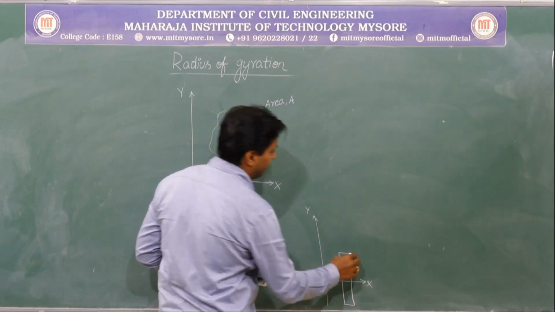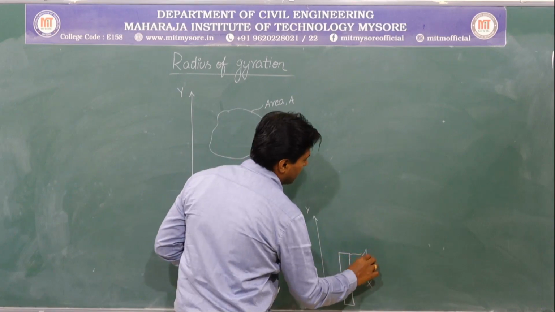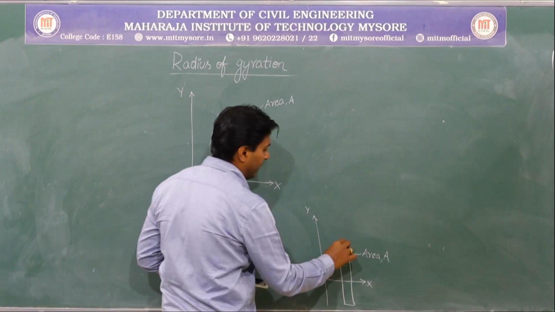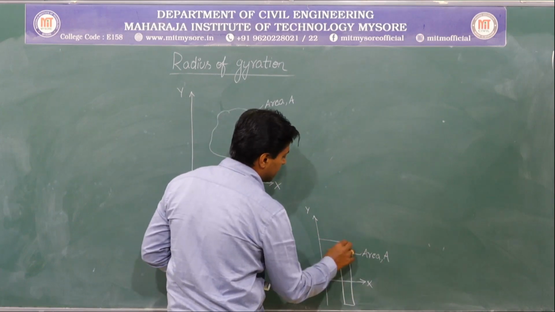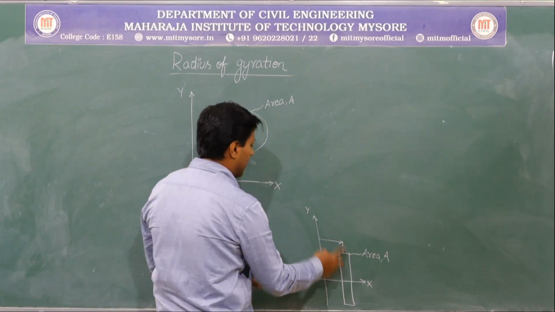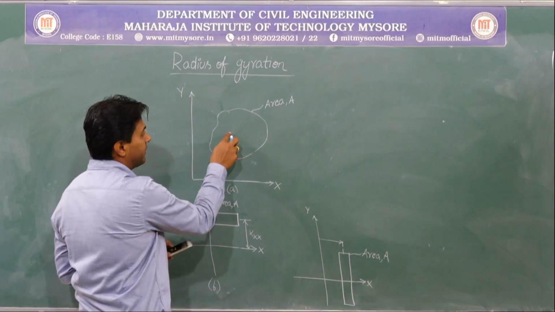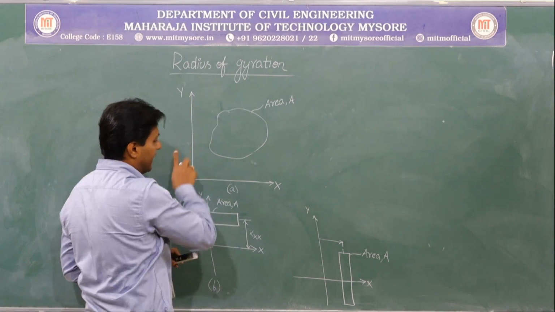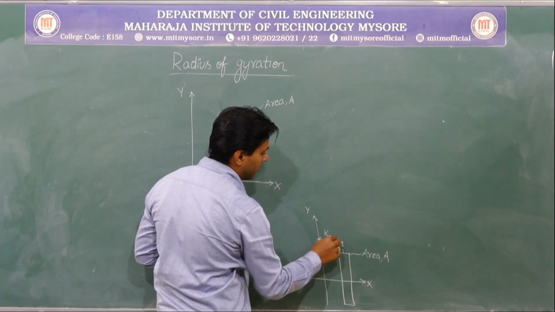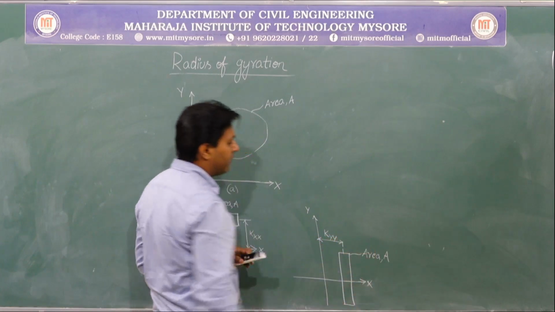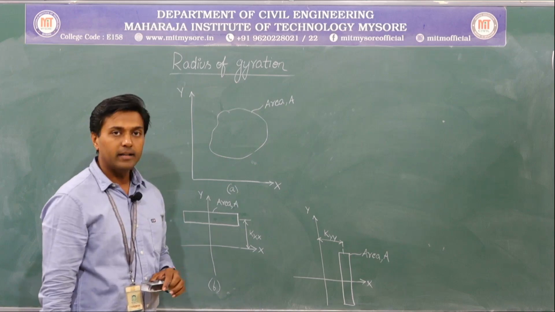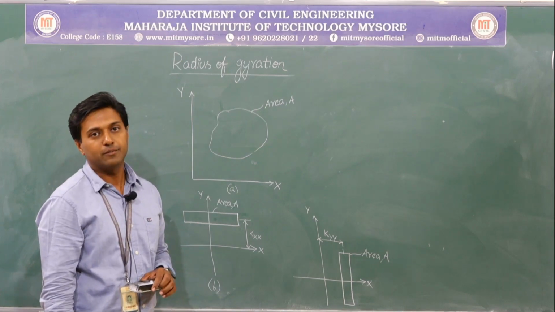The same object I have concentrated and squeezed, whose area is the same. The area is capital A, and this is the distance at which I will place the object so that it produces the same moment as the original object about the y axis. Even though it is a horizontal distance, I will mark it as kyy. Those distances are nothing but the radius of gyration.